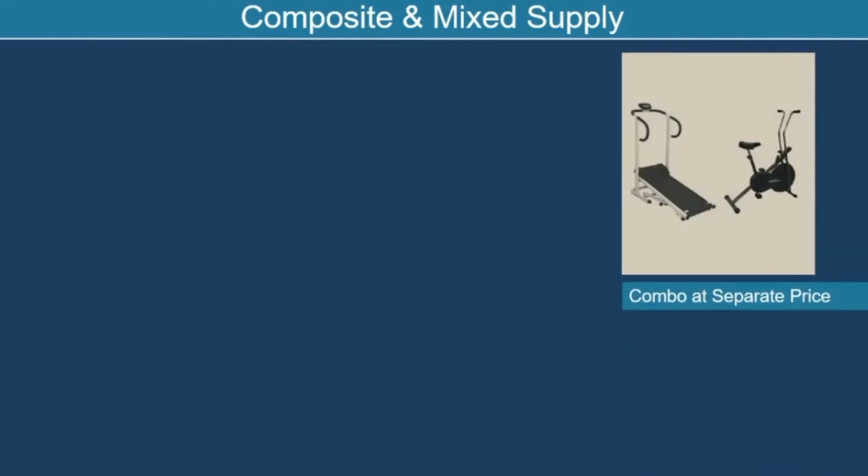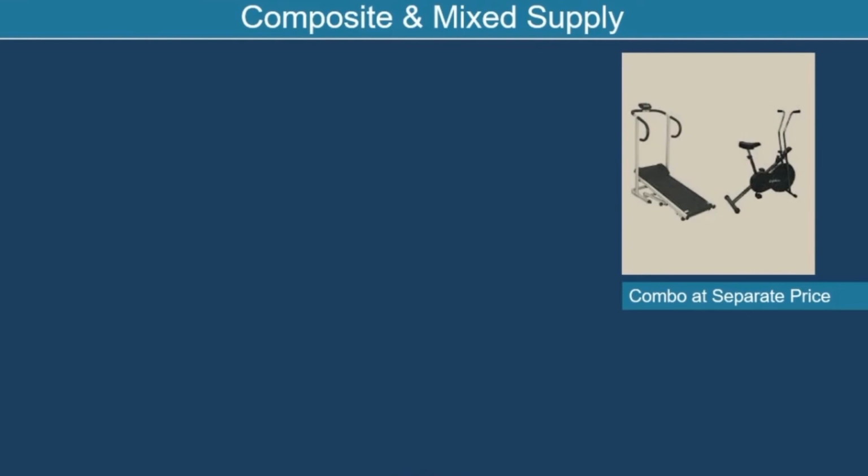Say there is an offer by a gym equipment manufacturer that he is providing a treadmill and a cycle for exercise. This is provided as a combo, and it is mentioned that each will be priced at 10,000, total 20,000, and if you purchase this combo we'll offer you a 5% discount on this.